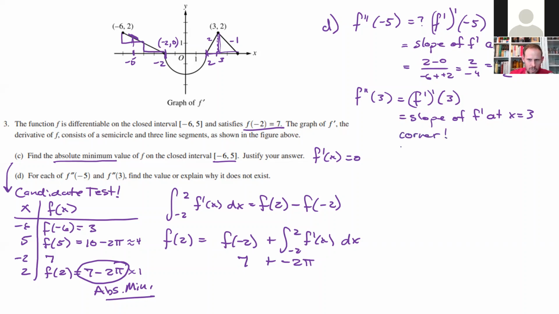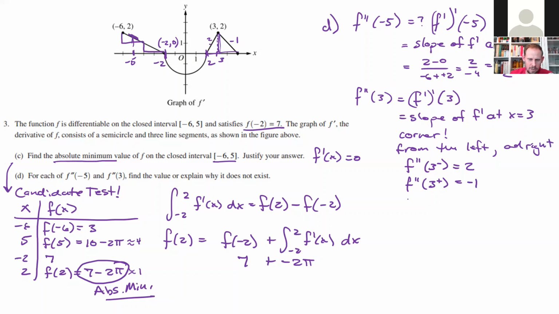So from the left, f double prime of 3 minus equals 2. And f double prime of 3 from the right equals -1.